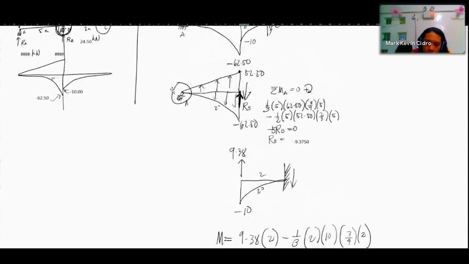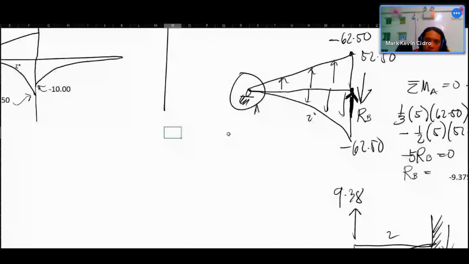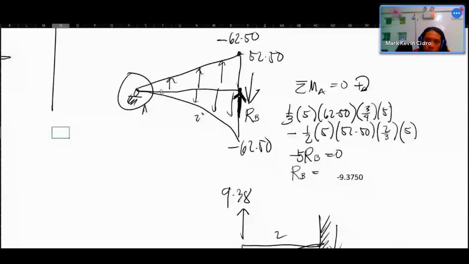Point A. This is point A. Kung makuha ang reaction doon, yun na ang angle of deflection. Actually, makukuha ang angle of deflection sa reaction niya doon. Actually, ang reaction ay ang shear. Pero kung may reaction doon, siya magiging shear, di ba? Yes, sir.